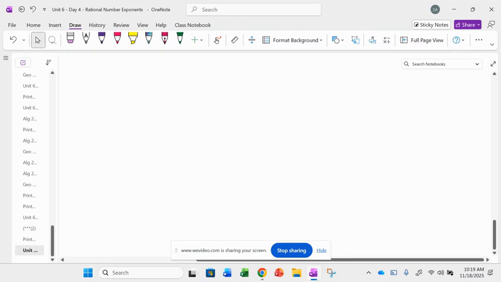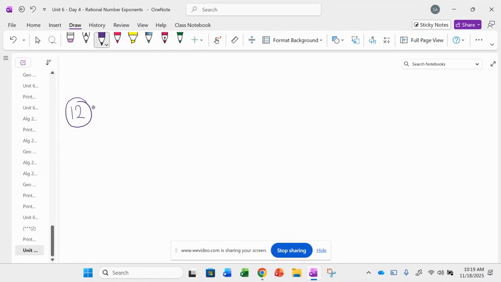Okay, you guys try this one. Can you distribute in this exponent?